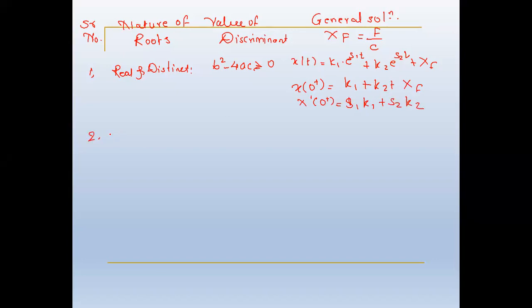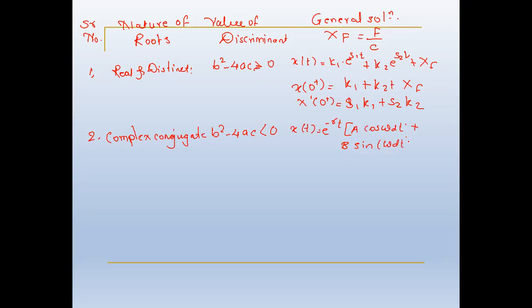Second, when the roots are complex conjugate, b square minus 4ac is less than 0, and x of t is equal to e raised to minus sigma t into a cos omega dt plus b sine of omega dt, plus xf.